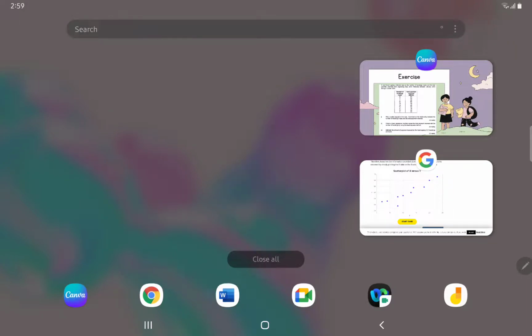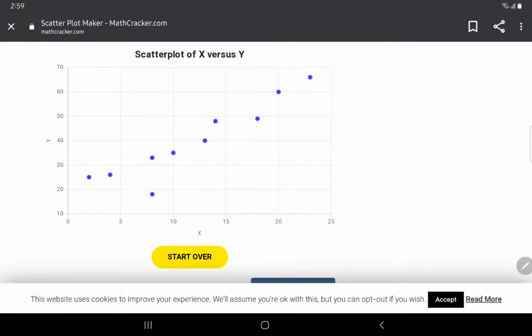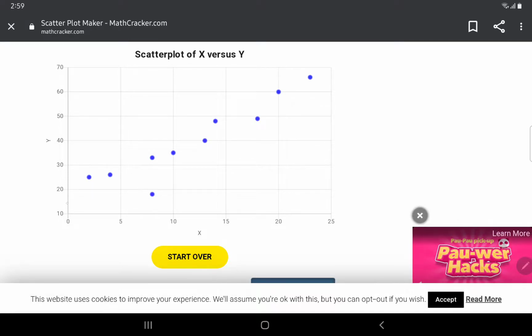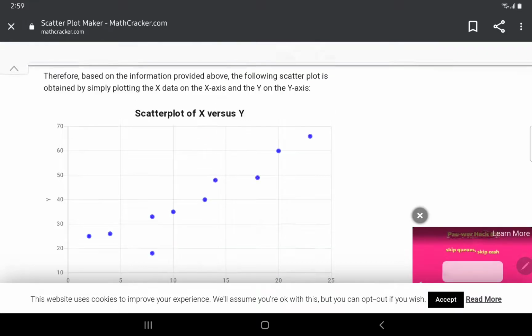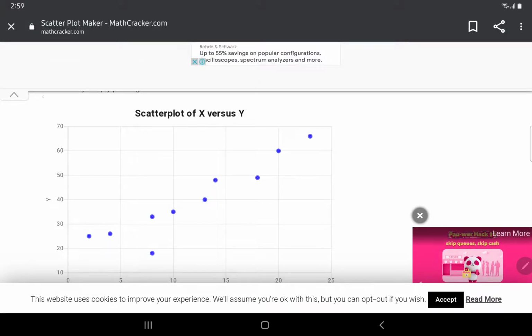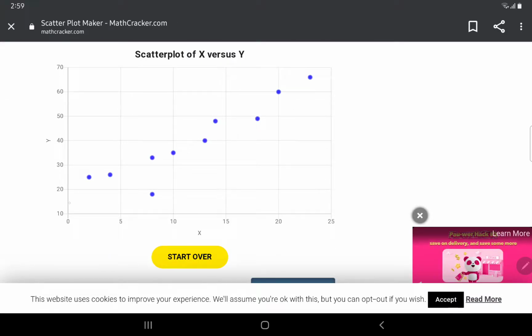Okay, so based on b tadi, y-intercept dia dekat 14.5, somewhere here dekat sini.